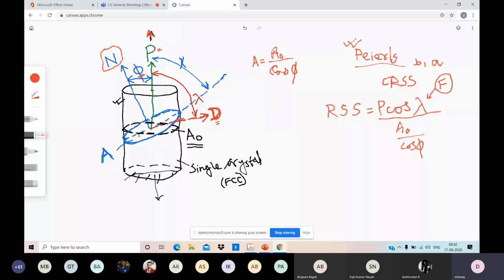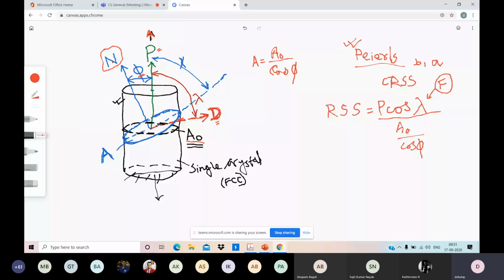What is n? Sir, n is perpendicular to A. n is the slip plane normal. It is very important: slip plane normal.